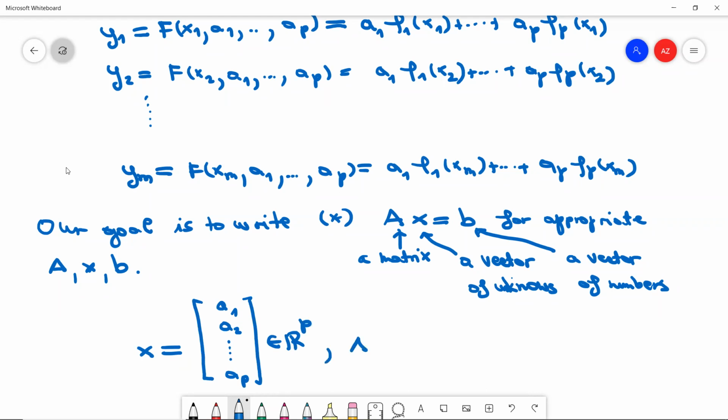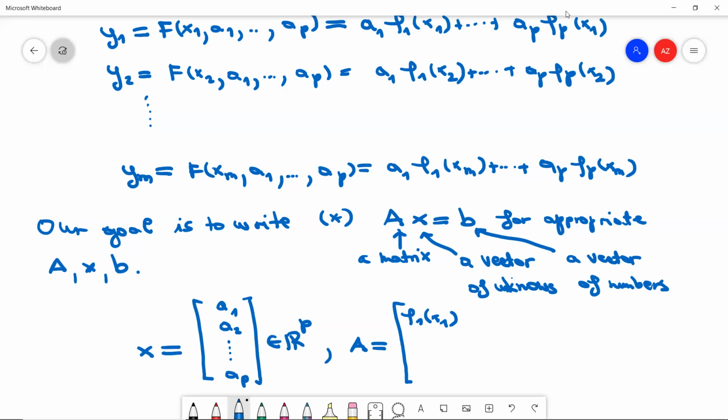Then our matrix A is a matrix of those coefficients appearing in those linear equations. So we have the first equation, and I just read here from this first equation. The first coefficient is phi1 x1.